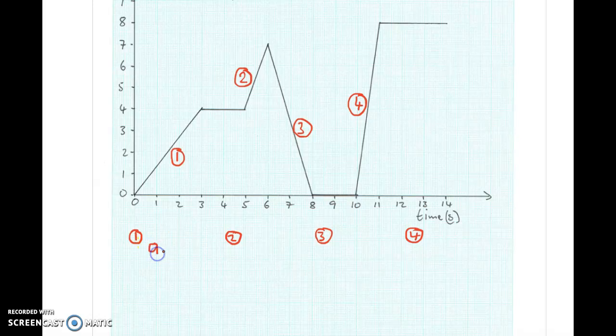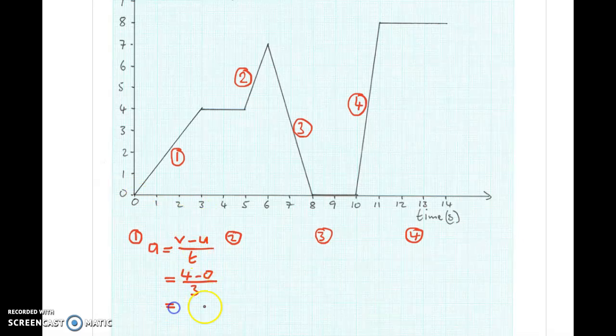So acceleration is final velocity minus initial velocity, or start velocity, over the time. We can see our final velocity is 4. The initial velocity was 0. And it does that in 3 seconds.